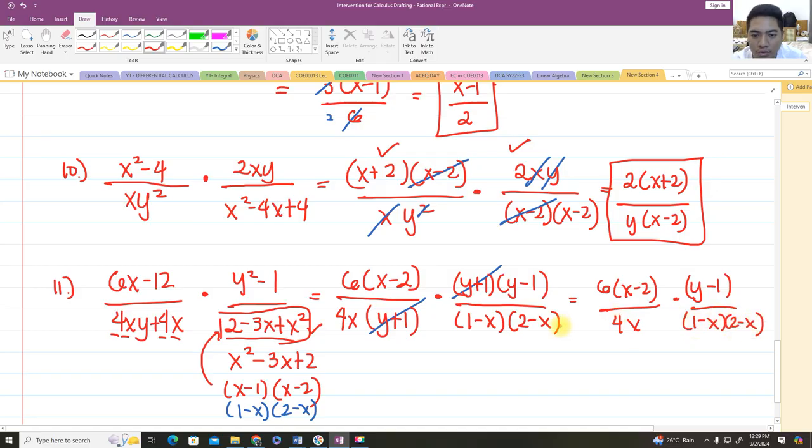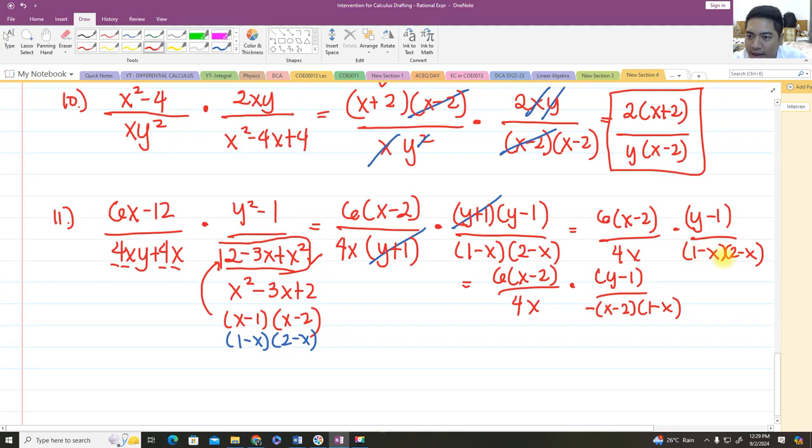Now, if I factor out the negative in 2 minus x, that would become negative times x minus 2, and then you have 1 minus x. So I just factored out the negative 1 in 2 minus x, so that if I distribute, that would be negative x, and negative times negative would be positive 2.